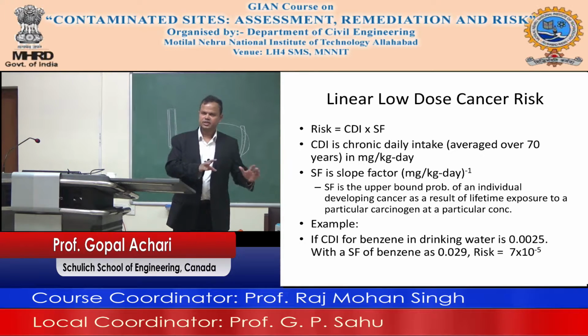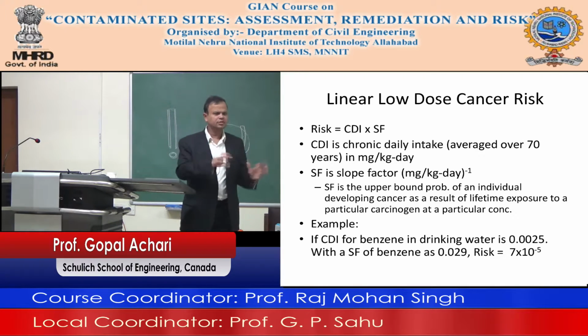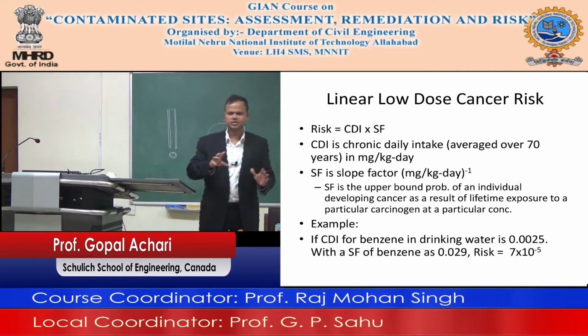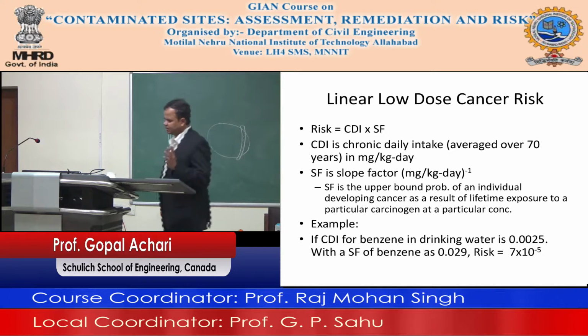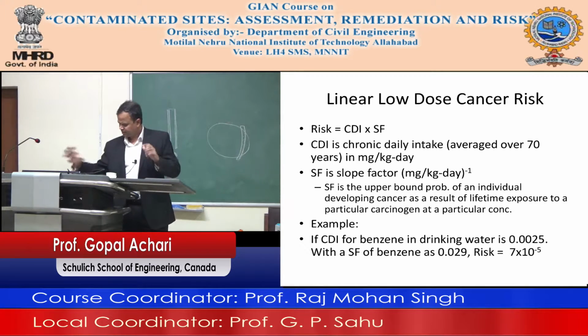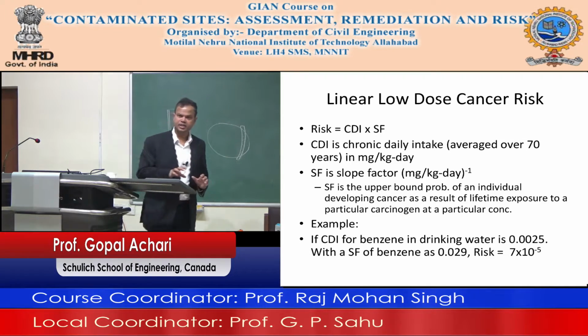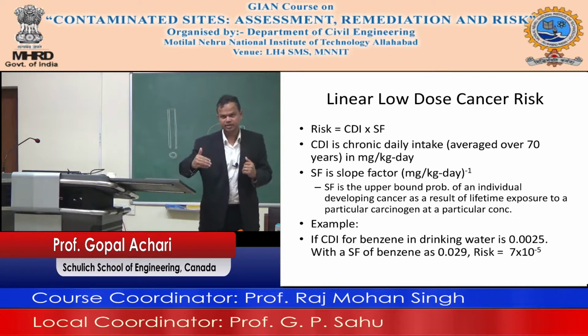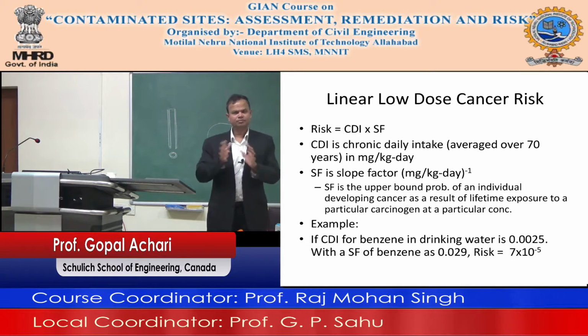So cancer risk is lifetime consumption. Okay, for an adult, if you're just considering cancer risk for adults, it is 56 years, because the first 20 years is not considered. But it says averaged over 70 years, the chronic daily intake, how much are you taking every single day, multiplied by a slope factor.